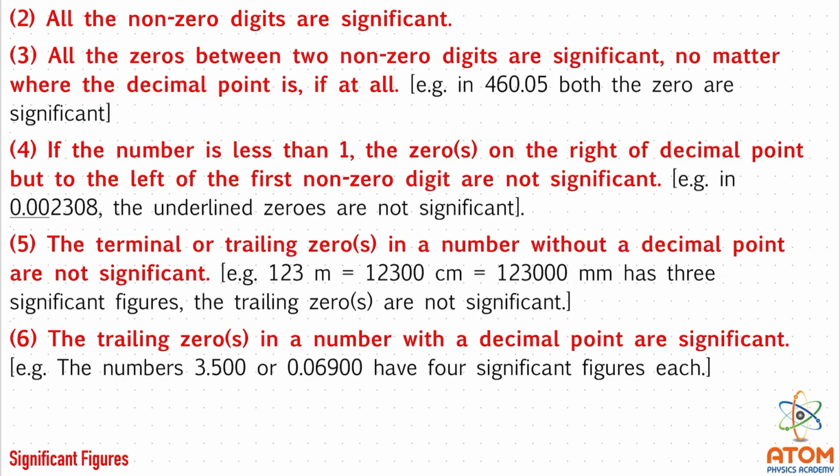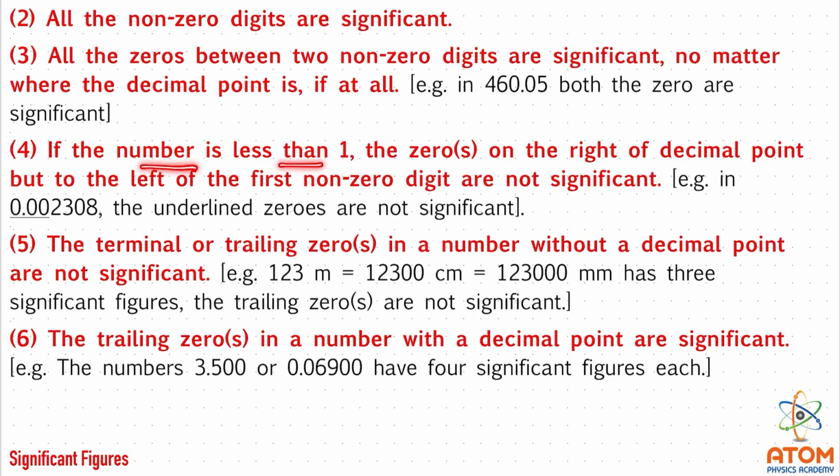Let us say if there is a measurement like 460.05, both the zeros are significant here. These zeros are between 4, 6 and 5, means they are between non-zeros. So all the zeros between non-zeros are significant. That's why these zeros are significant.